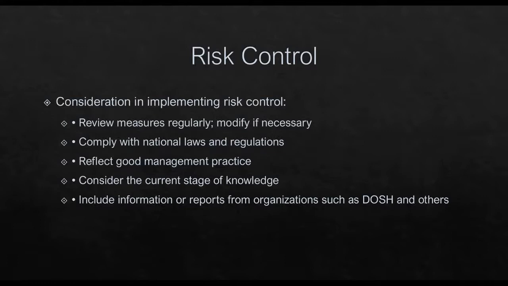And then now, how to control that risk. We already classified that risk as medium, high, or low risk after the assessment. Now is the time to control that risk. So before we start to implement the control, what kind of consideration do we need before implementing the risk control?